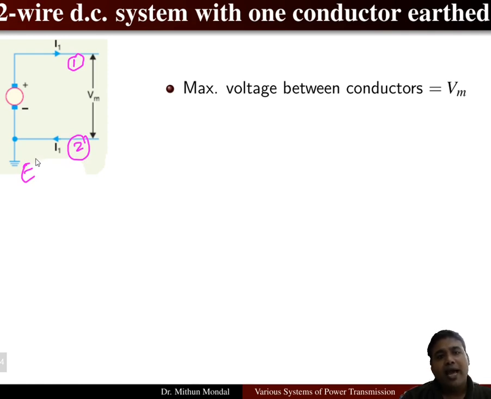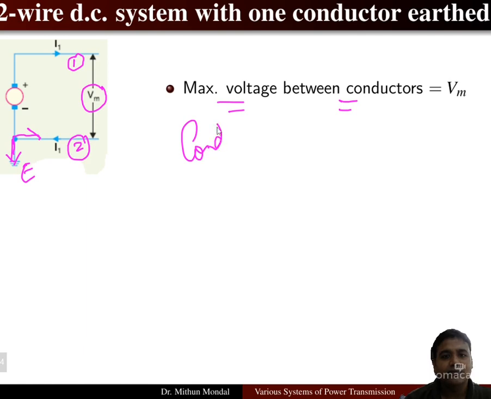Correct? And the maximum voltage Vm is between the conductor and the earth. So here your earth is connected with the other conductor. So your maximum voltage is between conductor and earth.